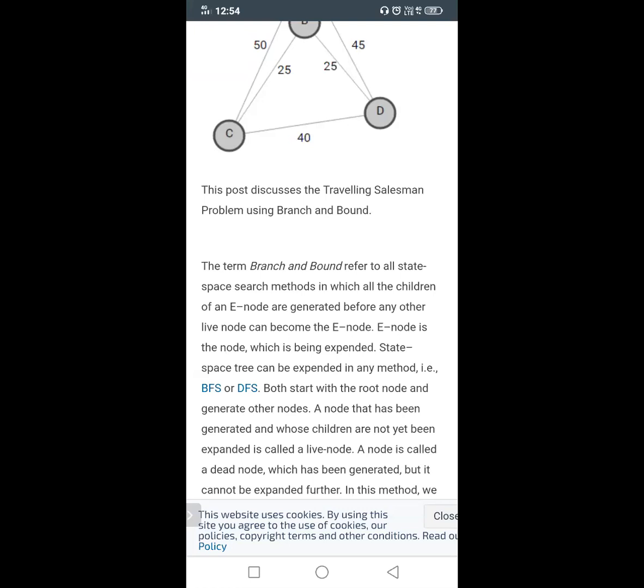You already know the E node: it is the node which is being expanded or which is going to be expanded.